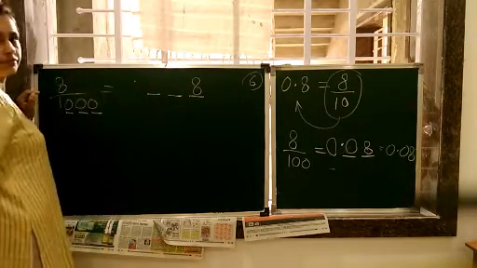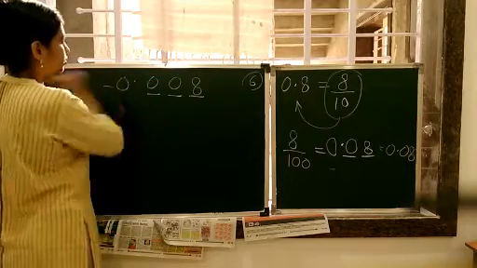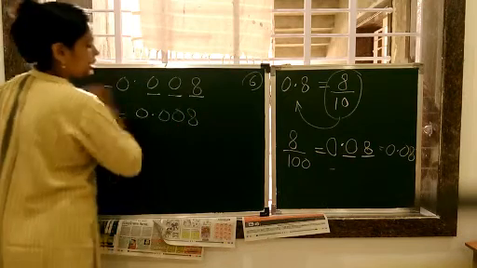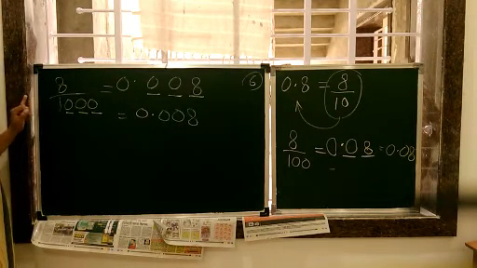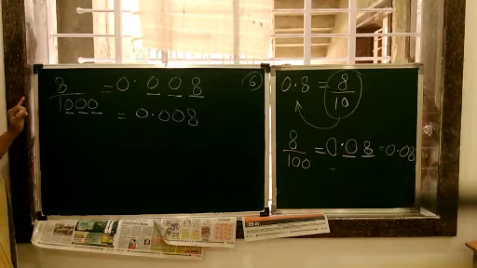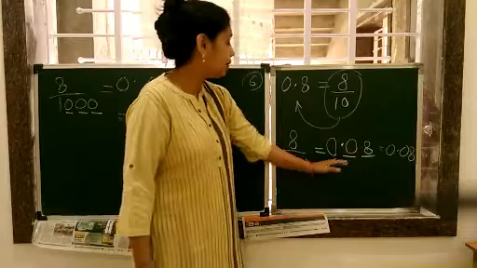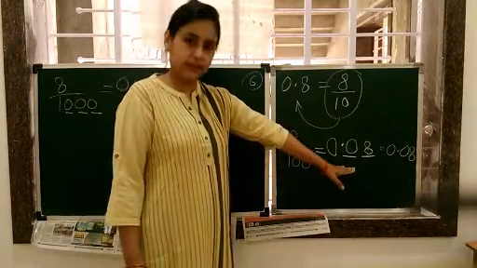What to do here? Nothing is there, means 0, 0. Here also 0. So what is your answer? 0.008. Clear, children? This is how we convert a decimal into a fraction or fraction into a decimal.